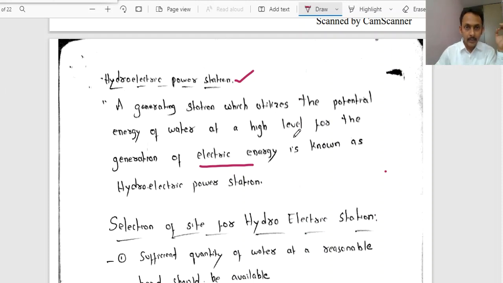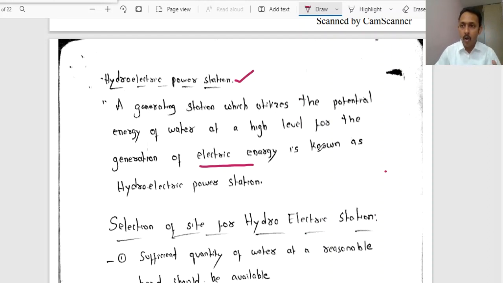At greater heights, it is going to have potential energy. Now the stored water is allowed to travel and hit the turbine blades. By the time it is hitting the turbine blades, it is going to have both kinetic energy and potential energy, and along with that some pressure also will be there.